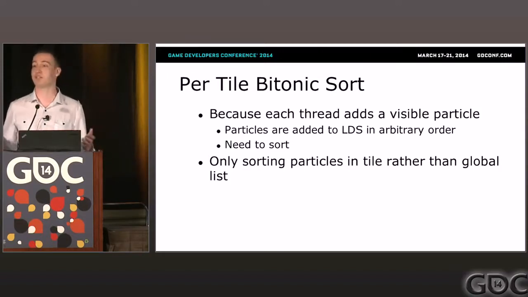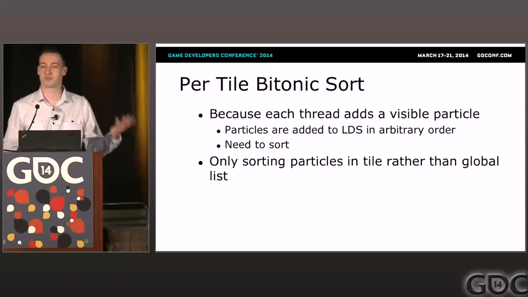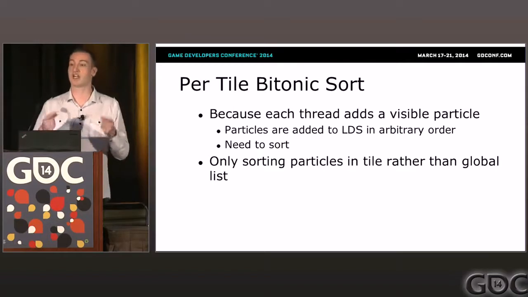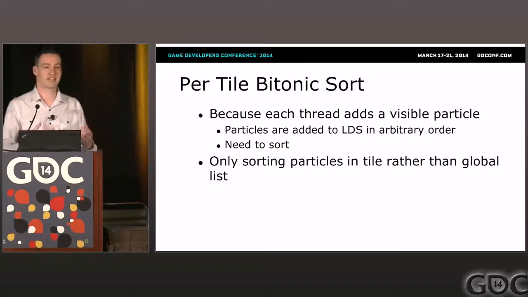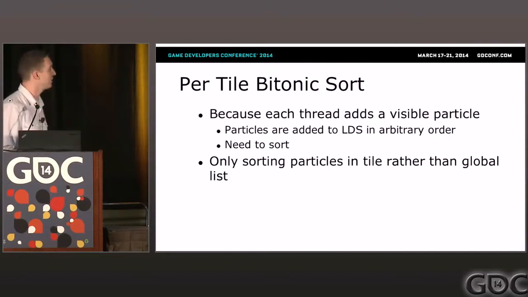There's no guarantee of the order there. So if the list was sorted beforehand, after this culling stage the adding of these to the LDS puts them out of order. So I have to sort afterwards. But actually that works out to be a good thing, as it turns out.